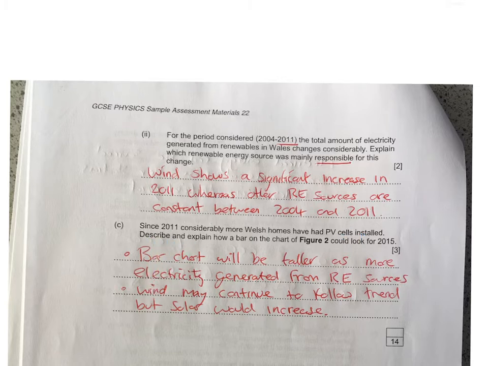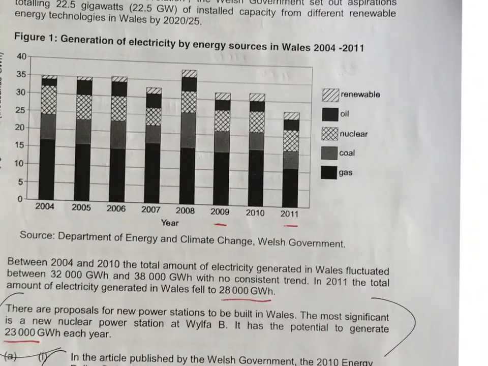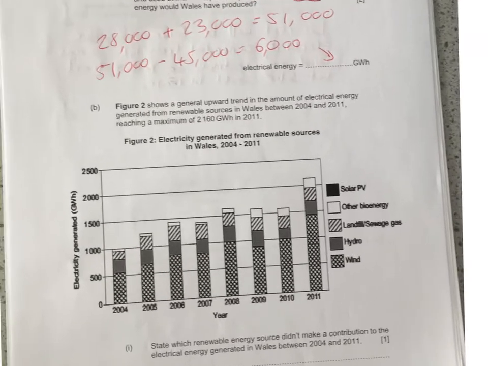Describe and explain how the bar chart could look for 2015. Well, I'll give you the answer first, and then I'll explain my answer. So it says the bar chart will be taller as more electricity is generated from these renewable energy sources. Wind may continue to follow the trend, but solar would increase. Now, I'll just go up and have a look, because solar, it's not that graph, it's this one.